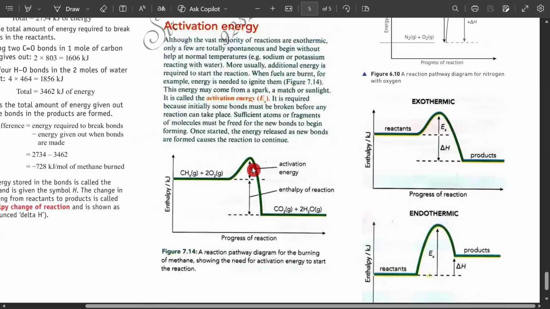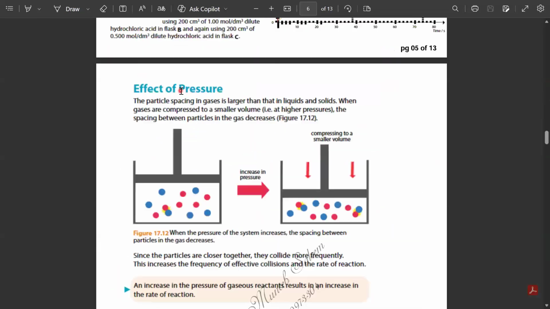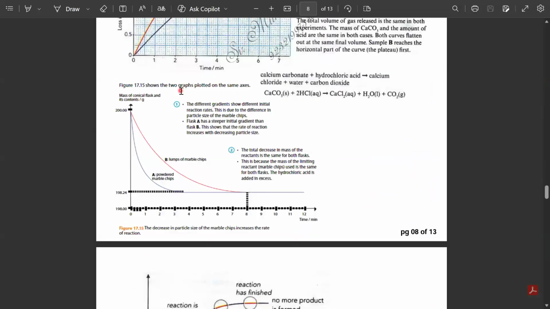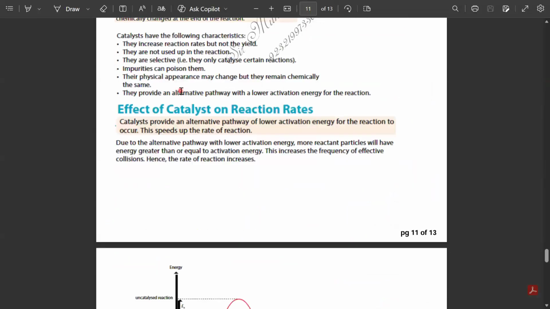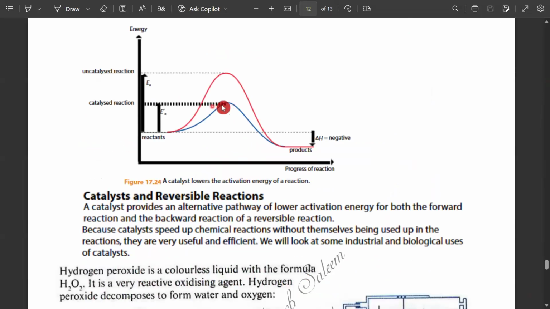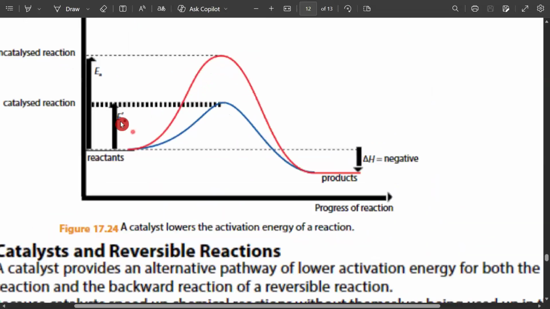Now, the effect of using the catalyst. For this purpose, I will show you the notes of the previous reaction. In the use of the catalyst over here, we remember that it basically lowers the peak of the reaction. That would mean the activation energy is decreased by the use of the catalyst.